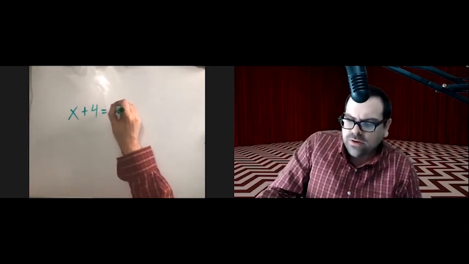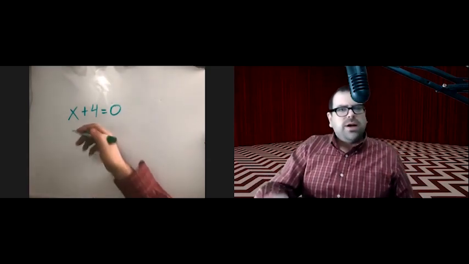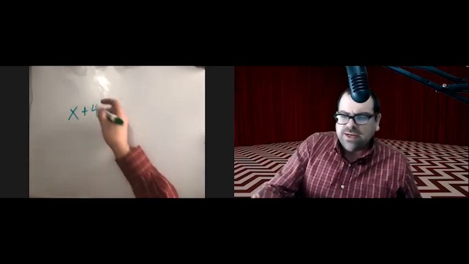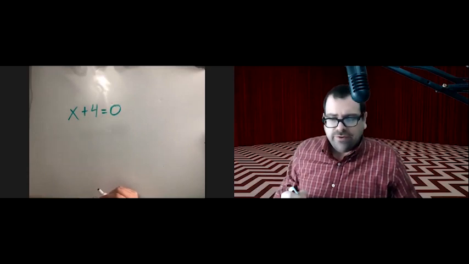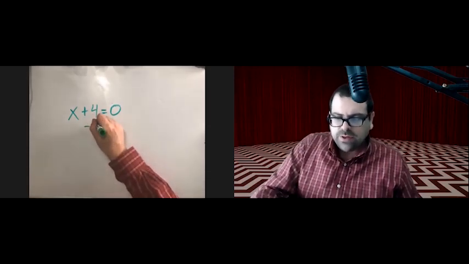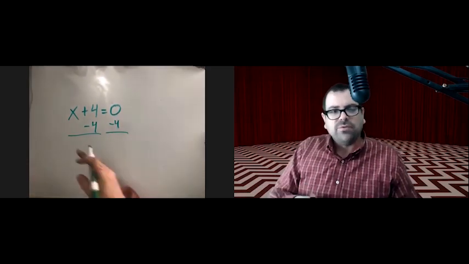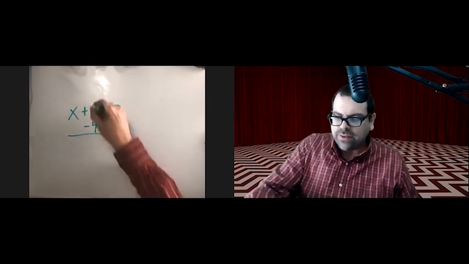So if we had the simple equation x plus 4 equals 0, how would we solve it? We want to get the x by itself, so we need to undo adding 4. We undo adding 4 with subtracting 4. Whatever we do on one side, we do on the other.